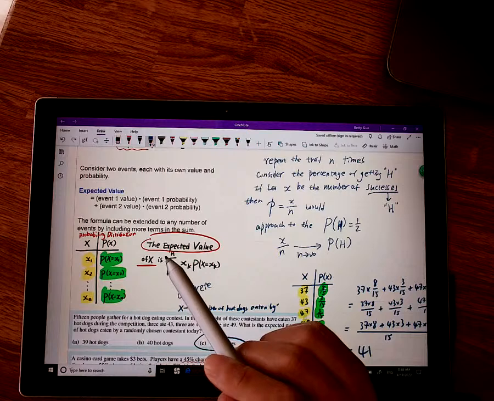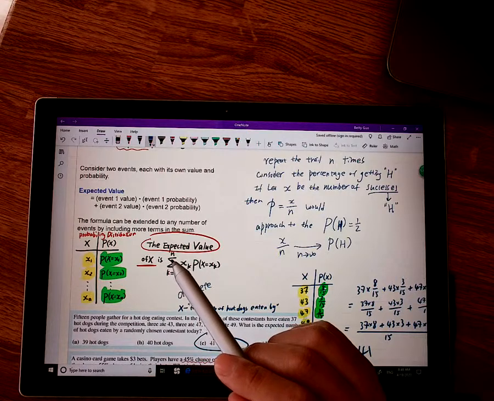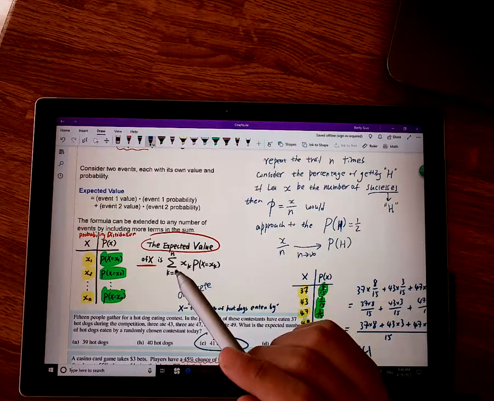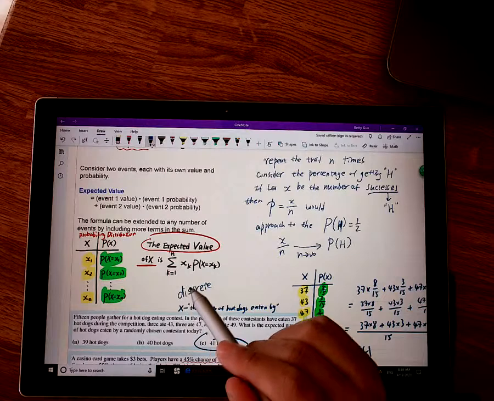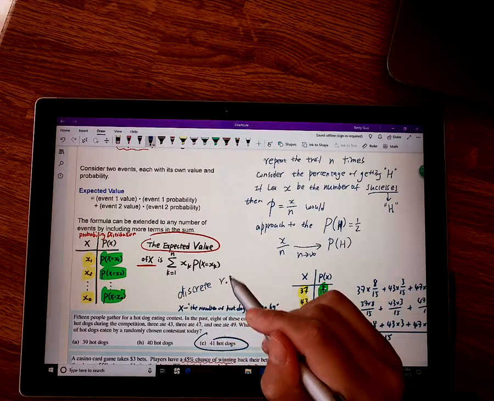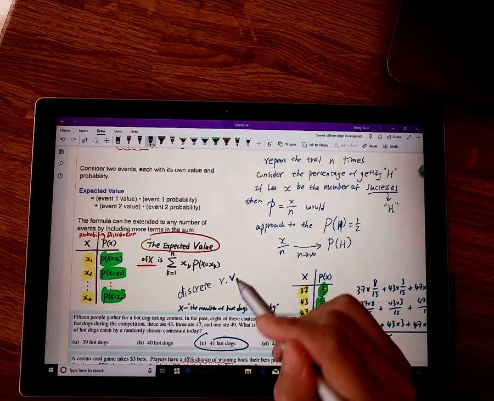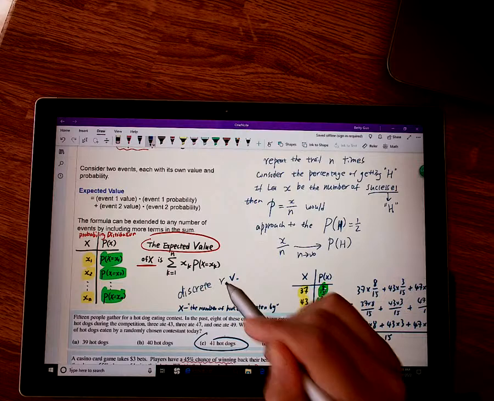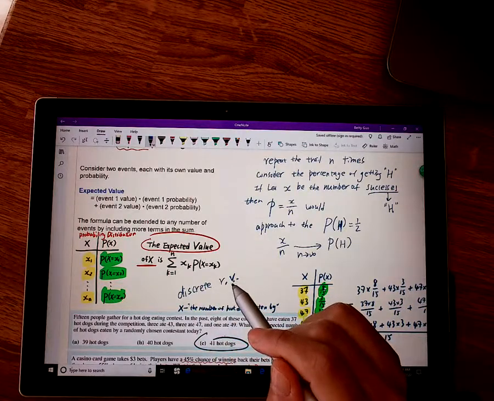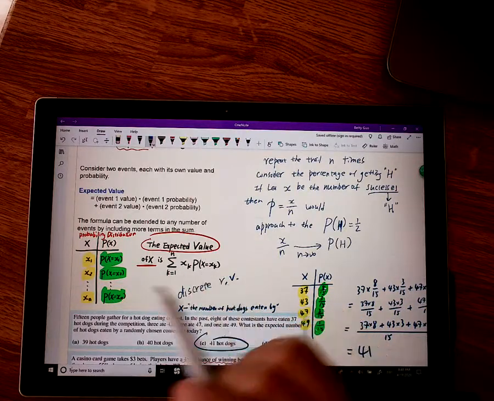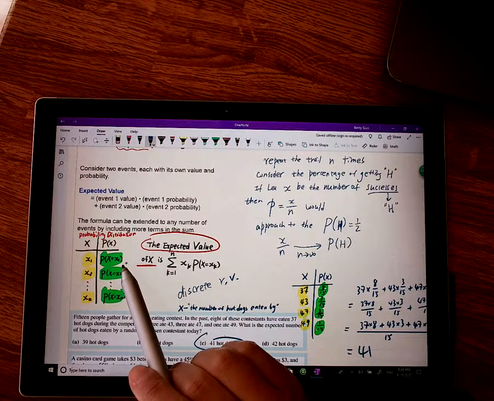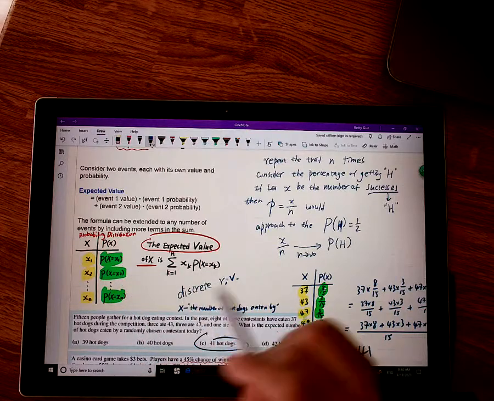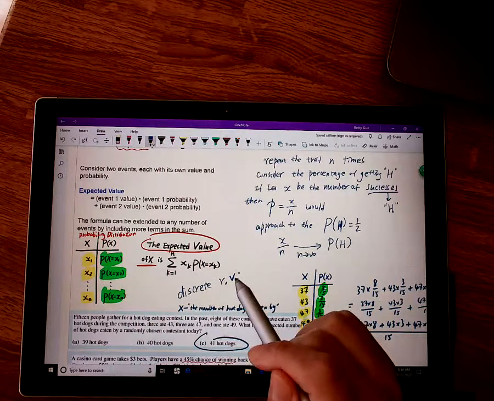When we talk about probability distribution, it is the distribution of a discrete random variable. We have two types of random variables, discrete and continuous. And so far, especially when we talk about probability distribution, we refer to a discrete random variable.